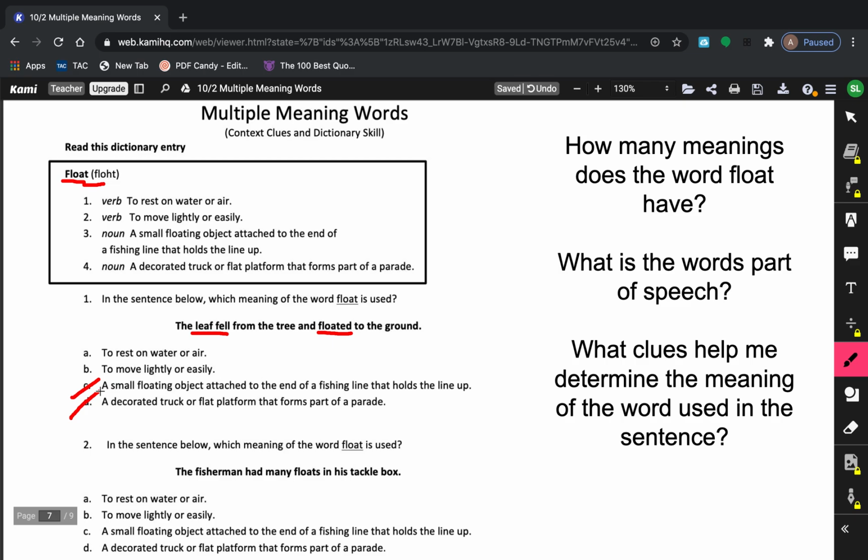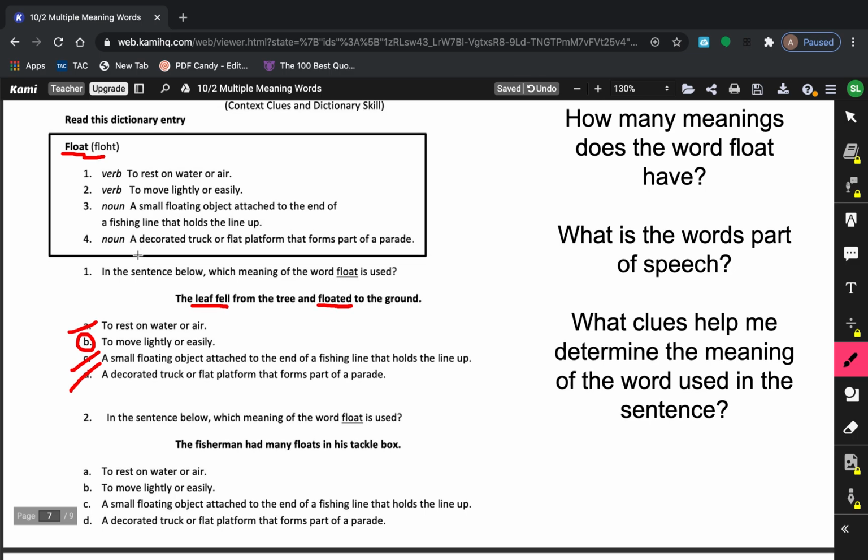My two definitions say to rest on water or air, or to move lightly or easily. Now I am going to infer that the best answer would be to move lightly or easily because it says the leaf fell from the tree. So the leaf was moving in a direction and it hit the ground. So I'm going to go with answer choice B.